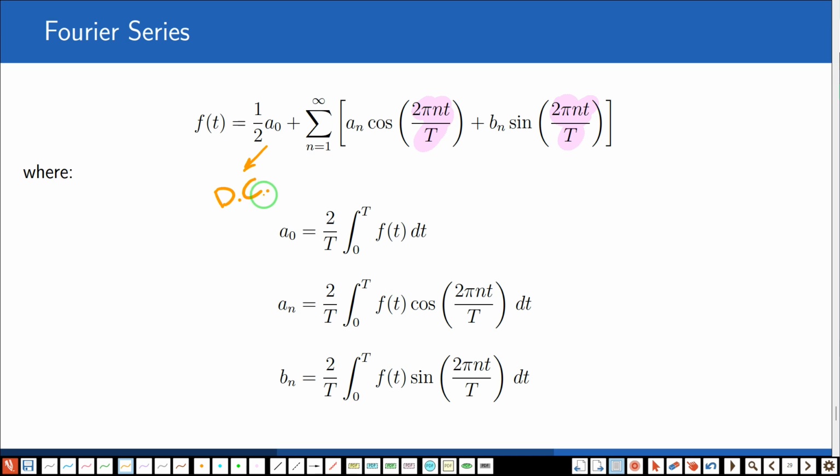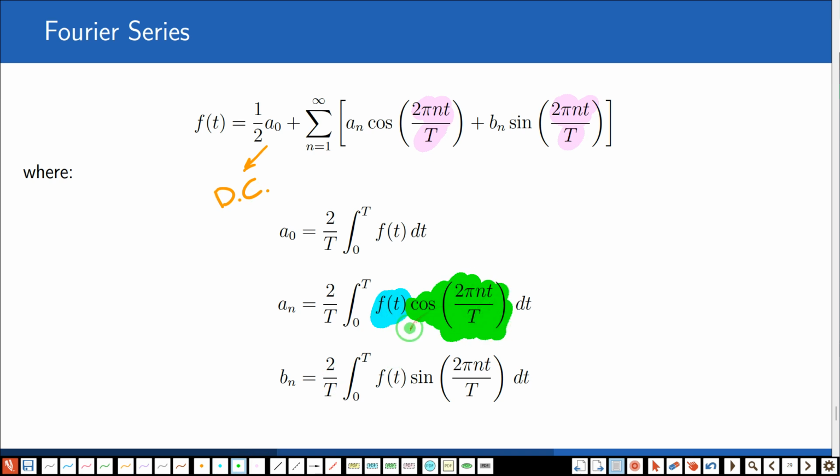And these numbers, a0, an, bn, are coefficients, and these are Euler's formulas to compute these coefficients. And they are actually inner products. Here, you see, we multiply f of t by cosine.